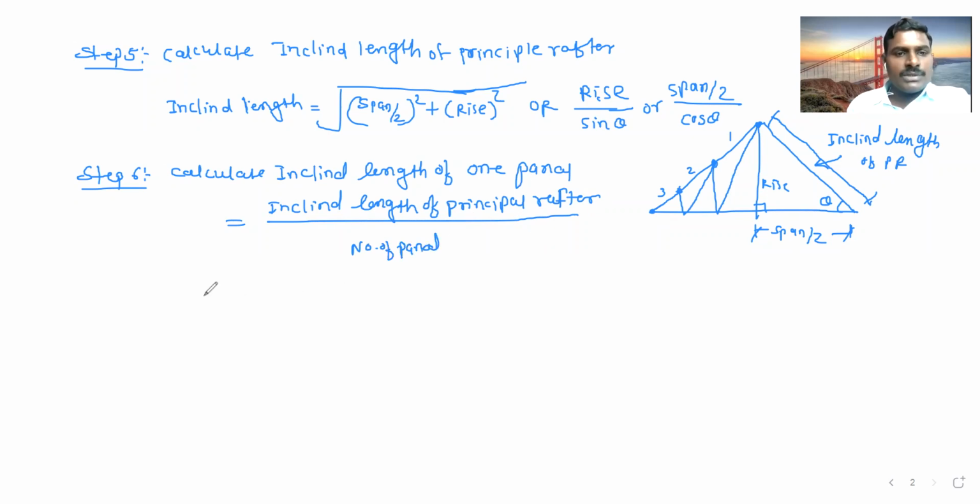Assume number of panels is equal to 4 to 6. In this range, 4 to 6, we have to assume the number of panels.